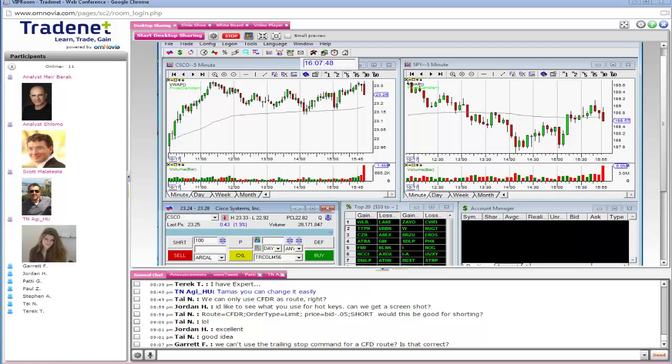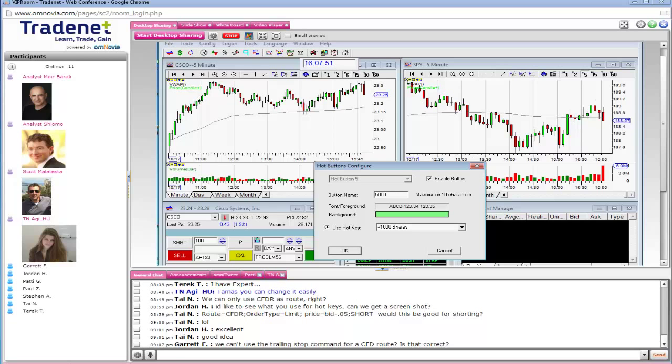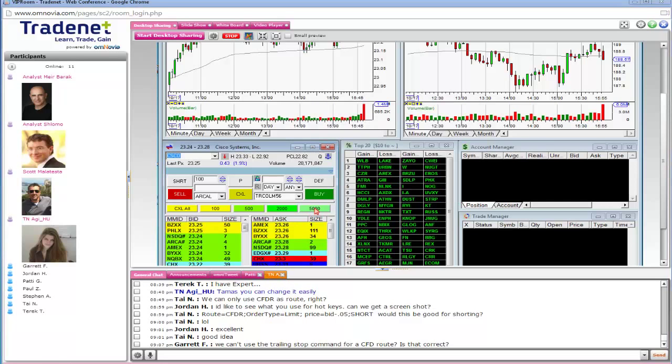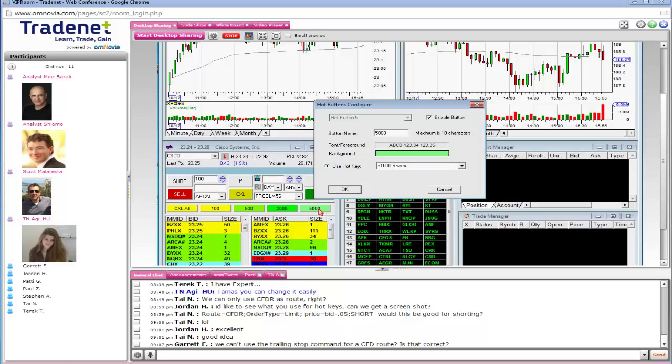I right click with my mouse on this button, okay, here. This is the 5,000. I right click on the 5,000, and first of all, the button name. Let's change it to partial. I want a button called partial. This is where I'm going to take half of my position.